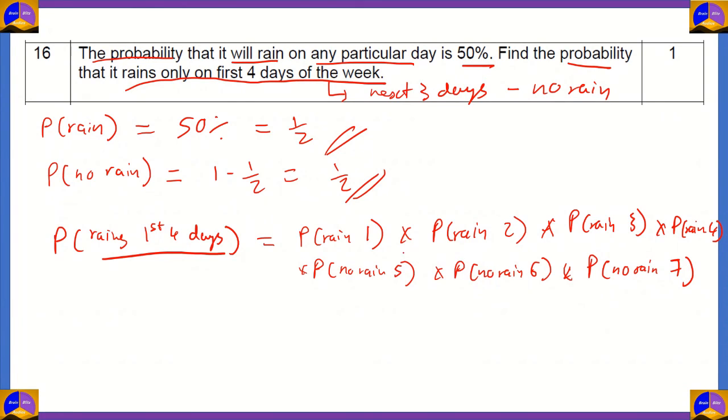So the reason why we multiplied is that we need to get the total probability. That's why we multiplied it. If we want to find alternate probabilities like this or that, then we add up the probabilities.